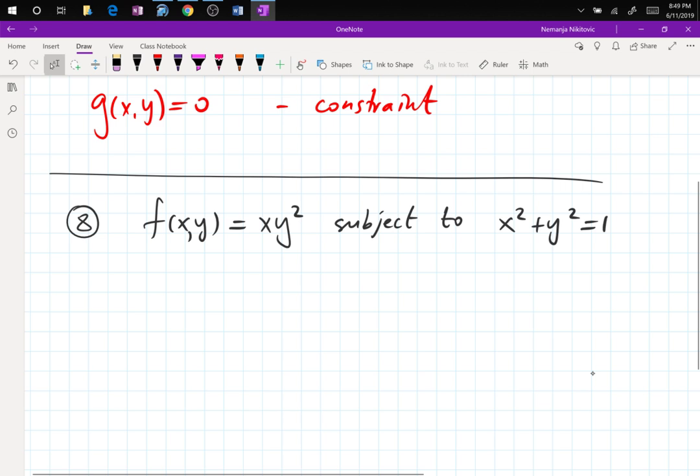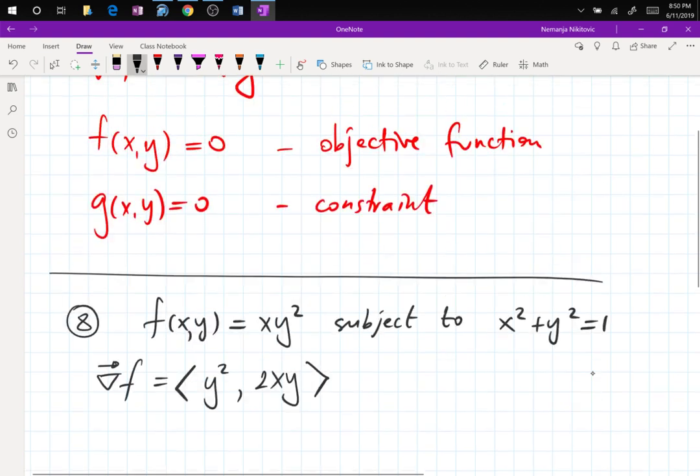Okay, great. So what is the procedure? Well, clearly we have to find del f and del g, so we start there. Those are vectors of partial derivatives. You're taking the partial derivative with respect to x, which would be y squared, and then the partial derivative with respect to y, which is going to be 2xy. The derivative of y squared is 2y, and x is a constant, so 2xy is the partial derivative with respect to y.